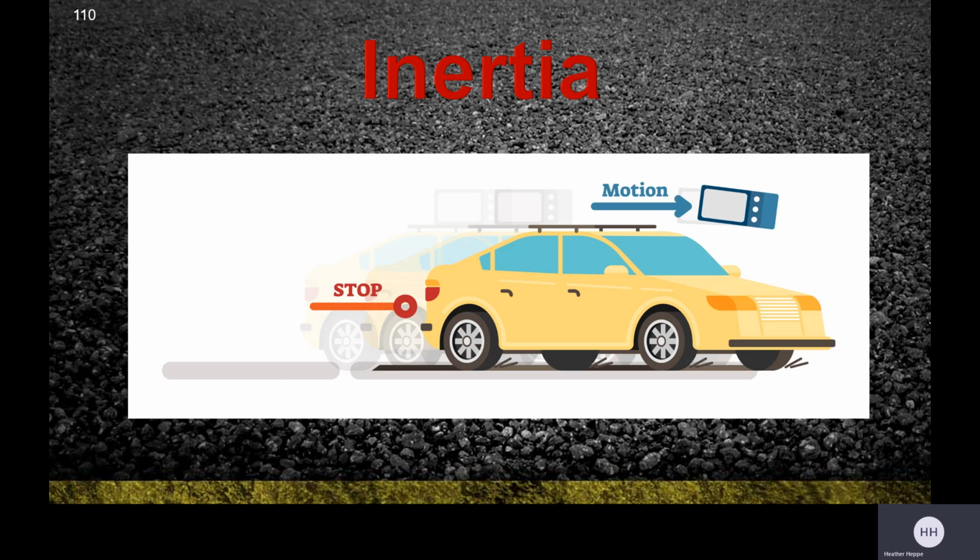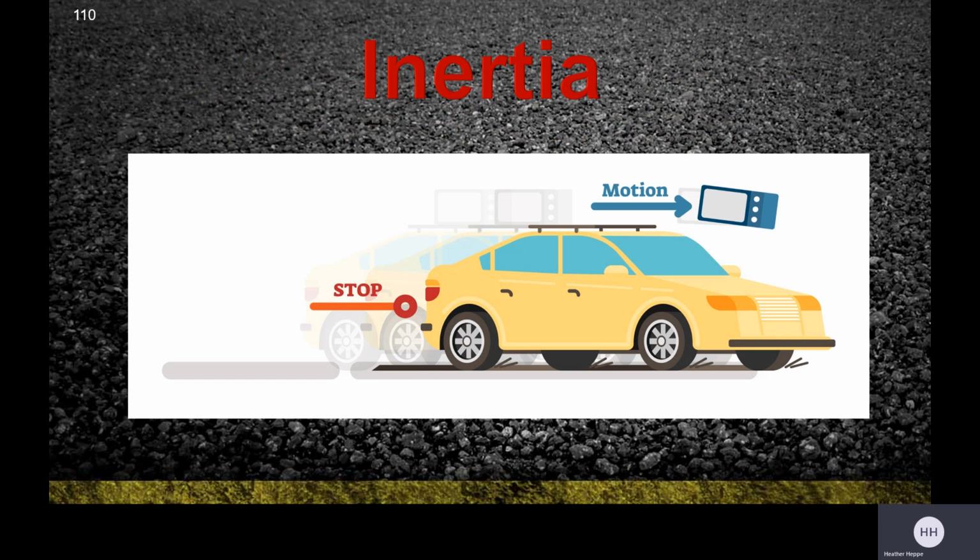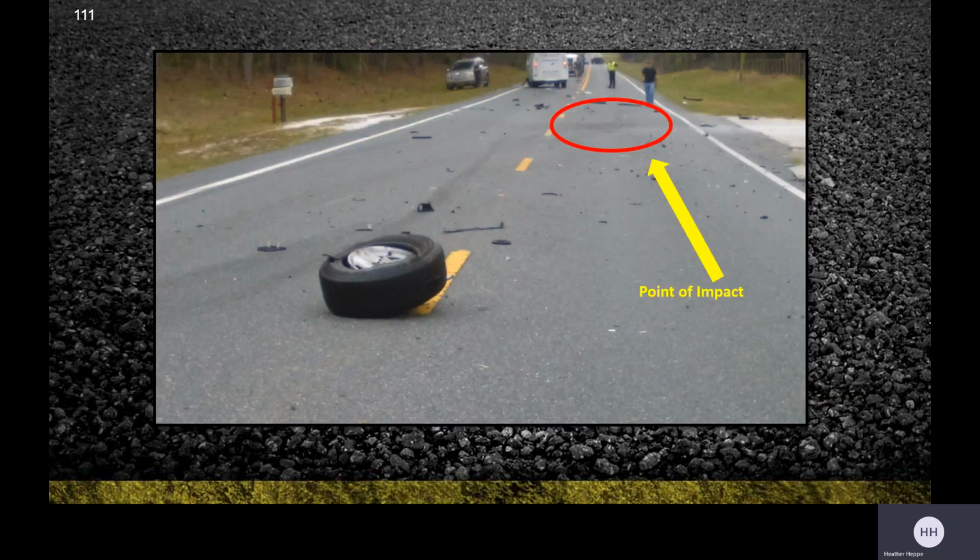Now this is also going to show here in just a second. Point of impact was right here. Okay, now this is kind of moving forward a little bit. The reason the car in the previous slide would have stopped abruptly is maybe something here. So what this slide is showing is maybe they hit something.